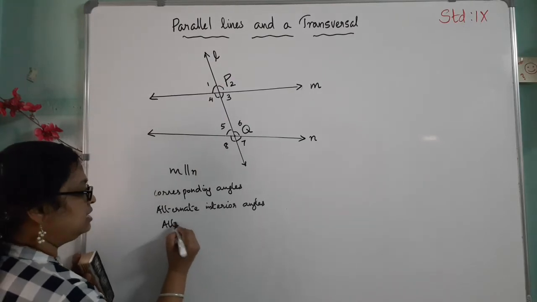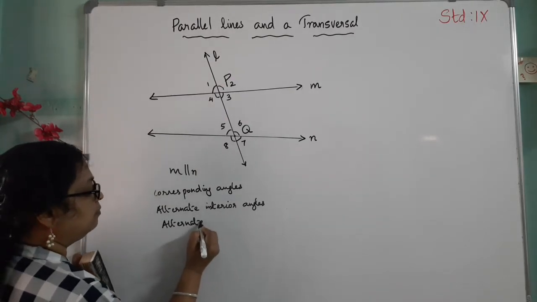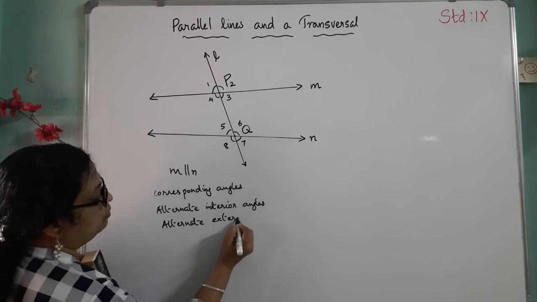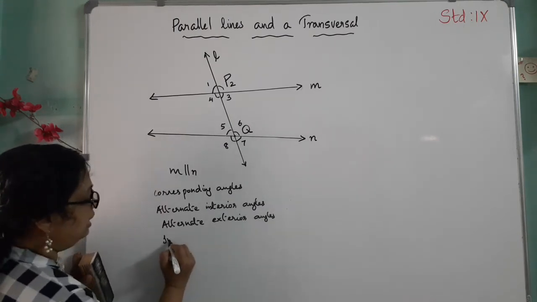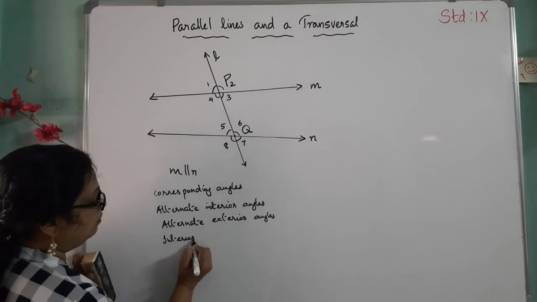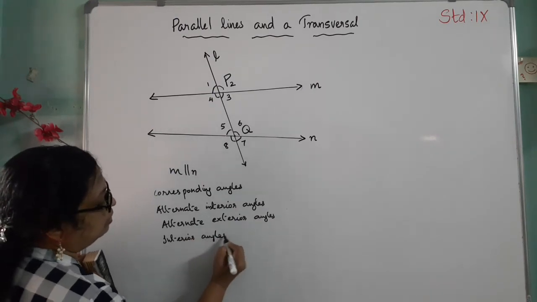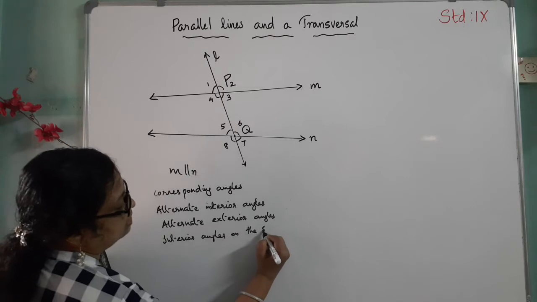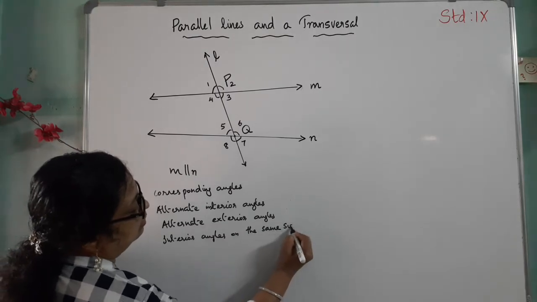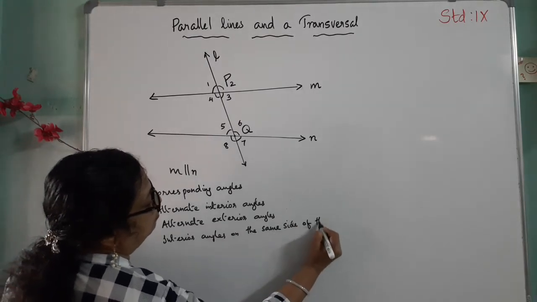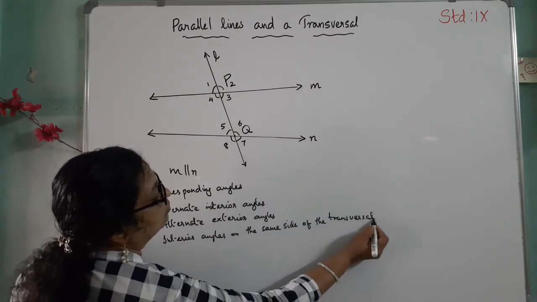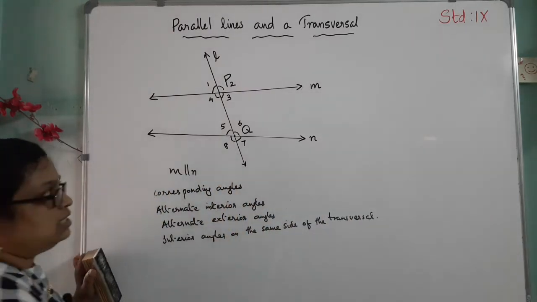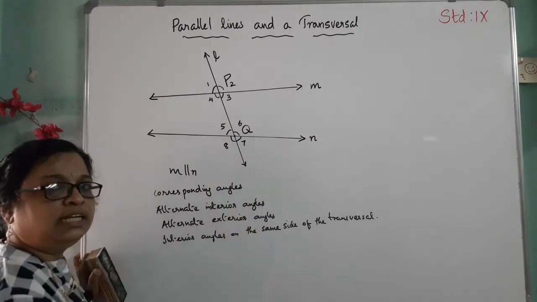Then alternate exterior angles formed. Then interior angles on the same side of the transversal. These types of angles are formed when a transversal intersects two lines.